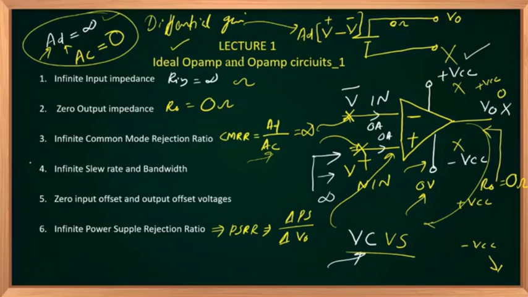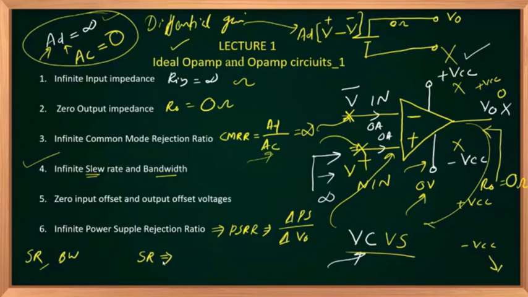The fourth point is important, with respect to frequency of operation, that is slew rate and bandwidth. Slew rate is nothing but an important parameter that will be available in the data sheet of your operational amplifier.